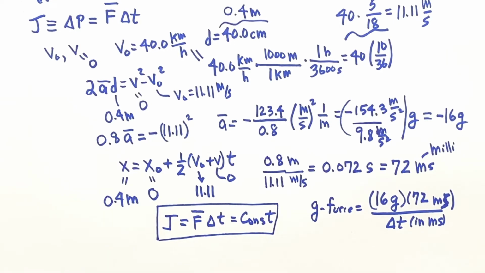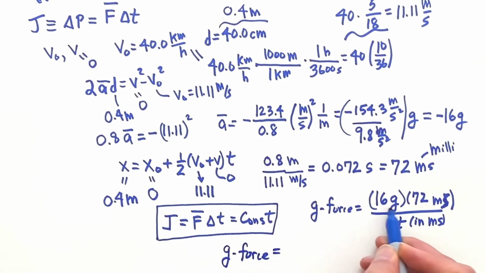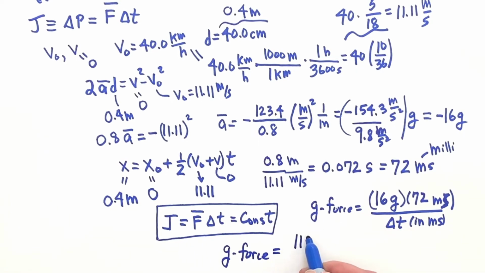Everything's going to go down proportionally. So this is a nice formula to play with now. The g-force, if I multiply this out, is 1152 g over delta t in milliseconds.